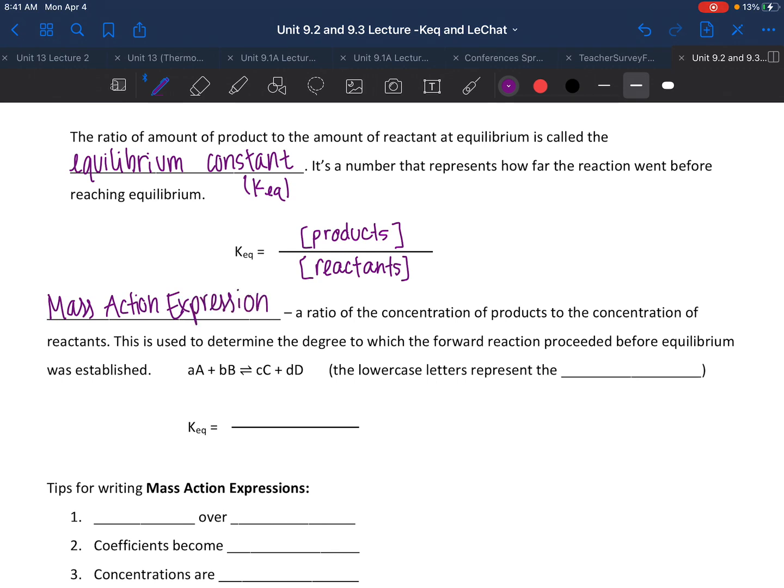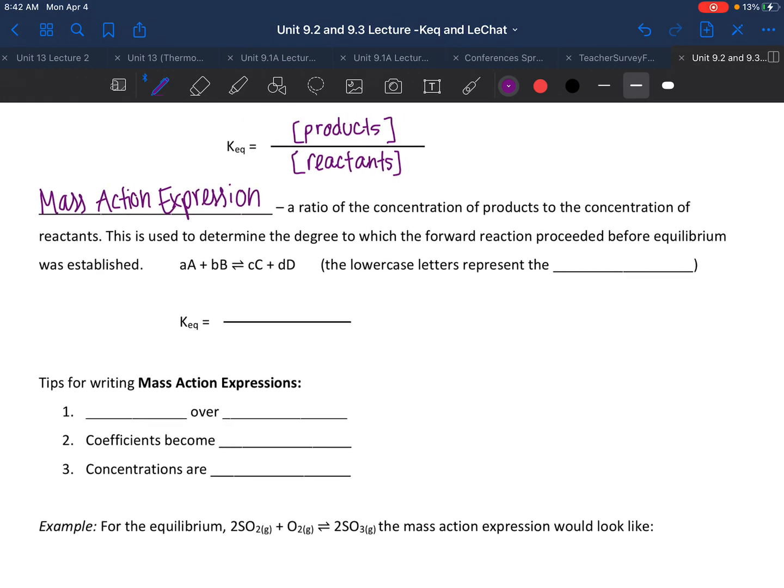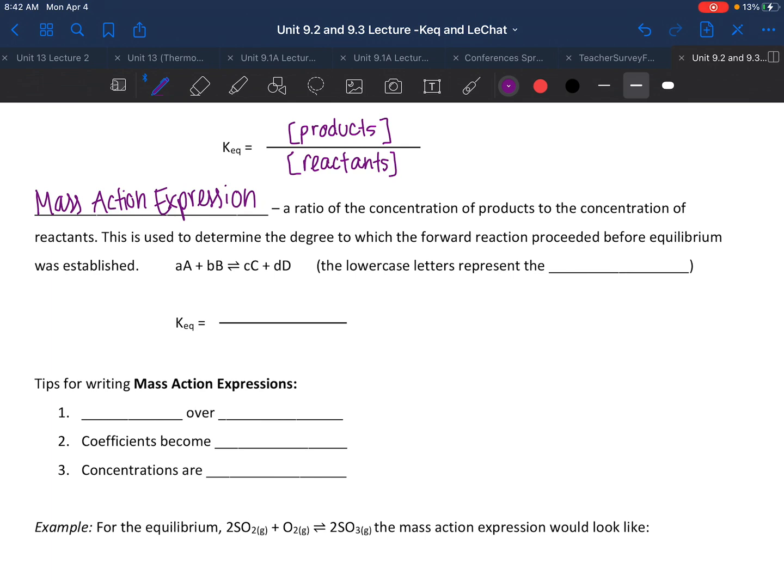The mass action expression is a ratio of concentrations of products to reactants, but we also use the coefficients, the ratio of moles to each other. This is helpful to determine the degree to which the forward reaction proceeded. So how far was it able to go? How does it change depending on the concentrations of each of its parts?